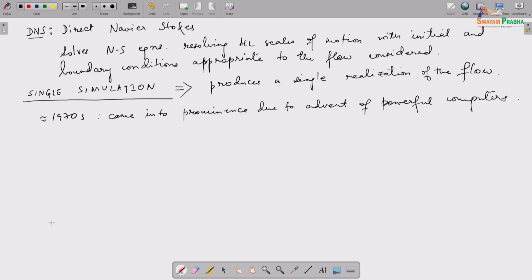And still it is really applicable only to low to moderate Reynolds number. That's important. So that is DNS.